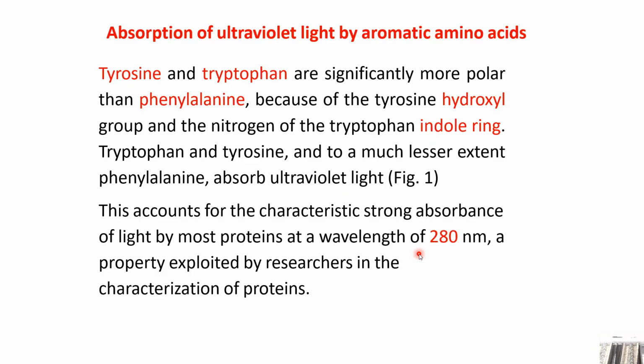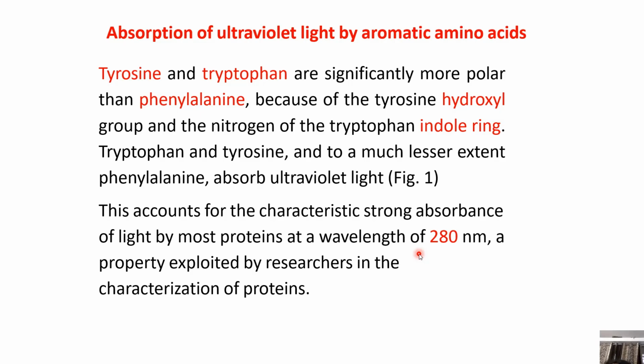So let's talk about the absorption of ultraviolet light by aromatic amino acids. We know that we can find out the concentration of proteins using UV as well. Tyrosine and tryptophan are significantly more polar than phenylalanine, because of the tyrosine hydroxyl group and the nitrogen of the tryptophan indole ring.